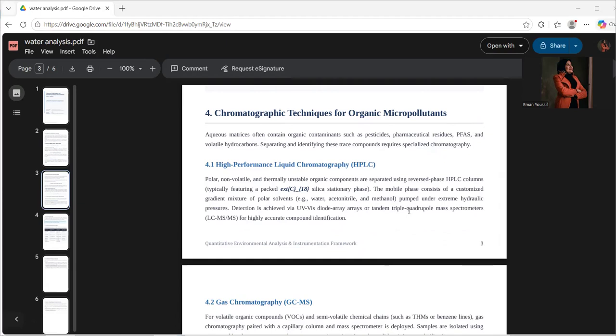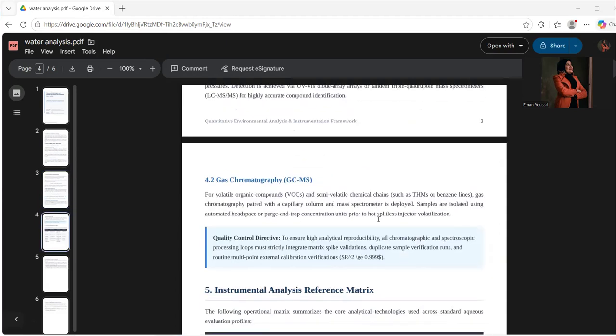The mobile phase consists of a customized gradient mixture of polar solvents, water, acetonitrile and methanol, pumped under extreme hydraulic pressure. Detection is achieved via UV diode array and a tandem triple quadrupole mass spectrometer for highly accurate compound identification.